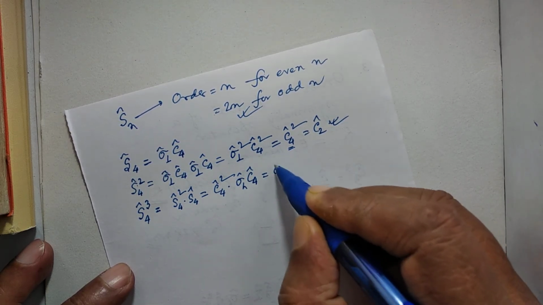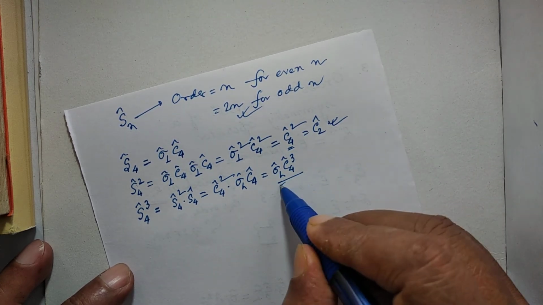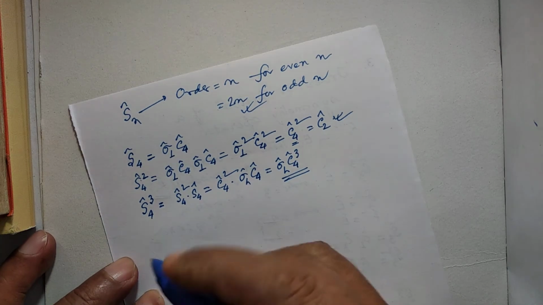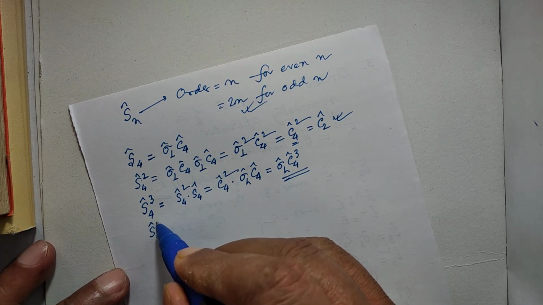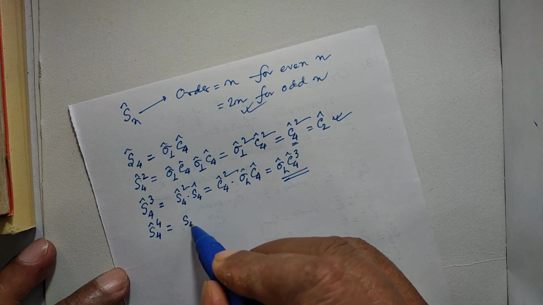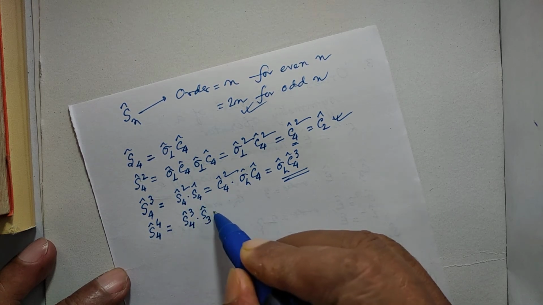This is sigma h C4 to the power 3, a genuine composite operation. And S4 to the power 4 is S4 to the power 3 times S4.